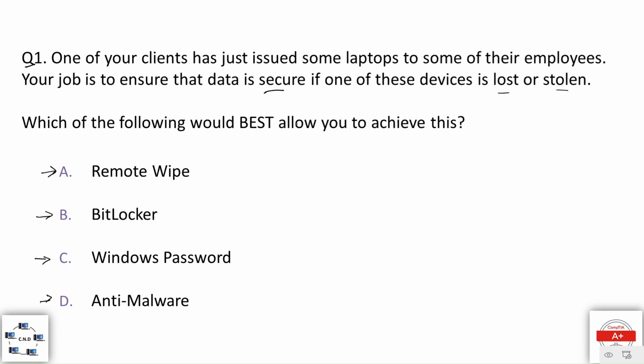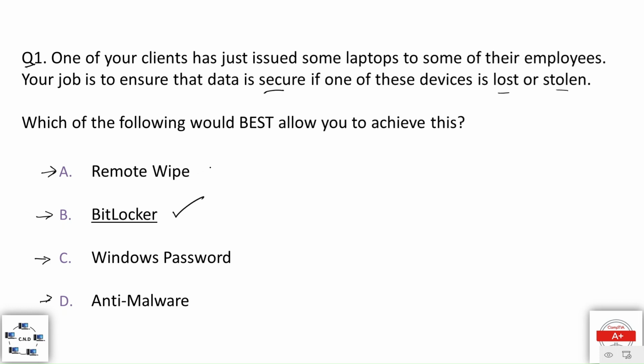And the correct option is, I will reveal the option after the countdown. And the correct option is BitLocker. So BitLocker is a built-in Windows feature which lets you encrypt the whole drive or a volume.